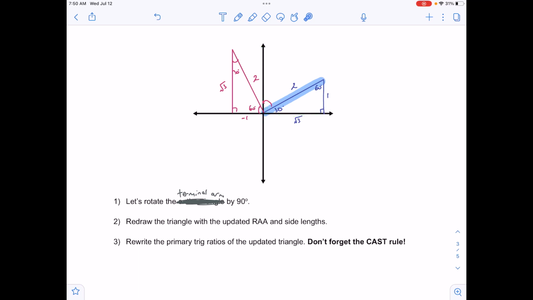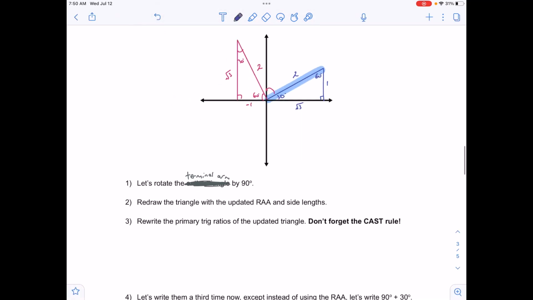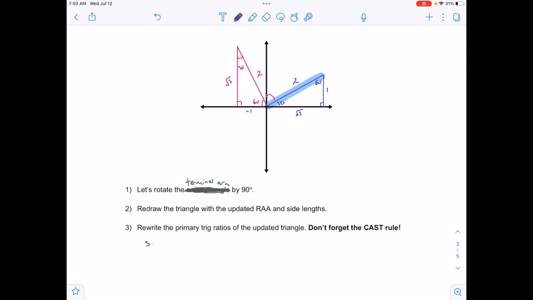So the angle that I'm dealing with here is 120 degrees. So I'm going to rewrite it now using my CAST rule, using my triangle for 120 degrees. I have sine of 120, cosine of 120, and then tan of 120.